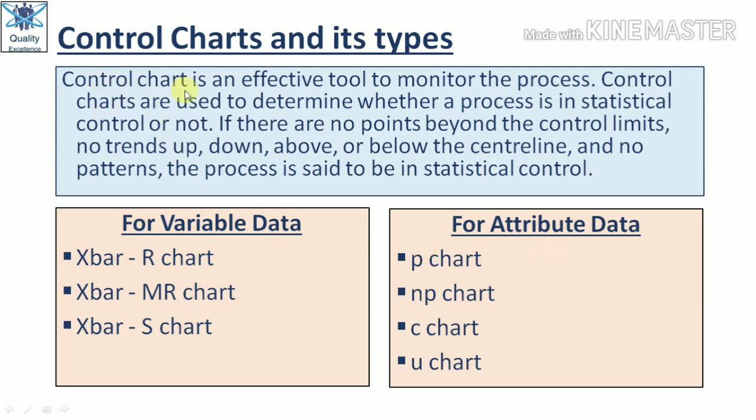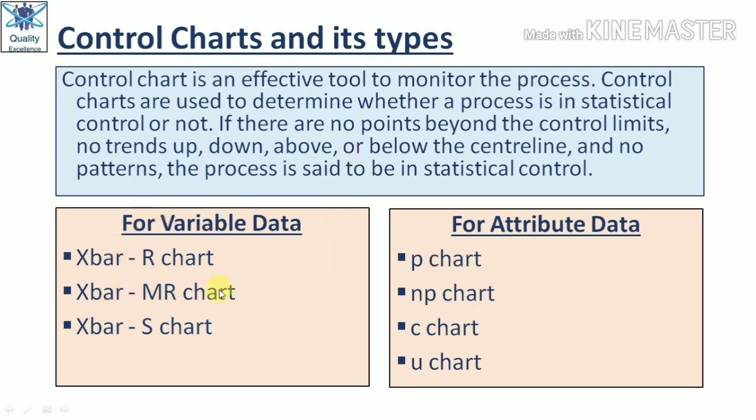So control chart is an effective tool to monitor the process. Control charts are used to determine whether a process is in statistical control or not. If there are no points beyond the control limits, no trends up, down, above or below the center line, and no patterns, the process is said to be in statistical control. This we will learn further during the course of this video.